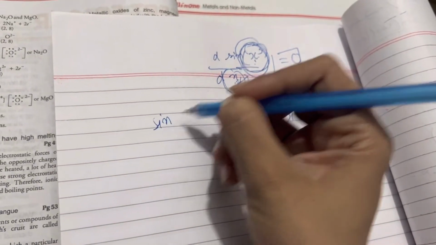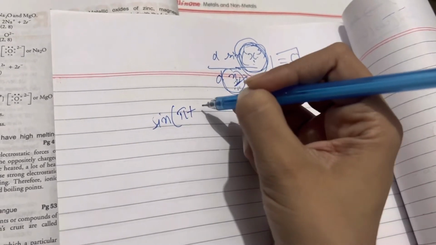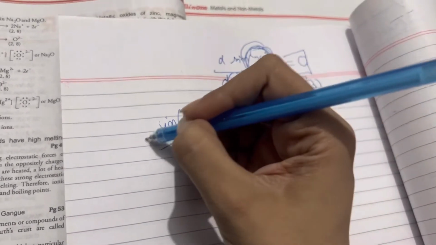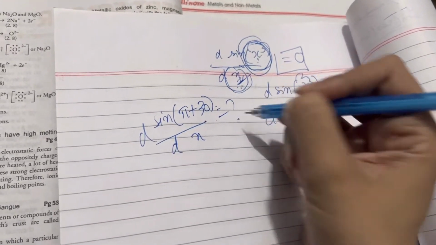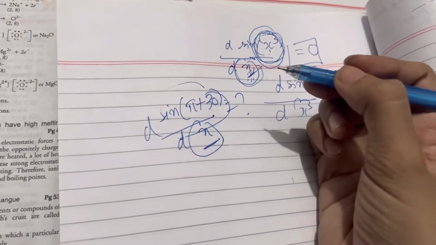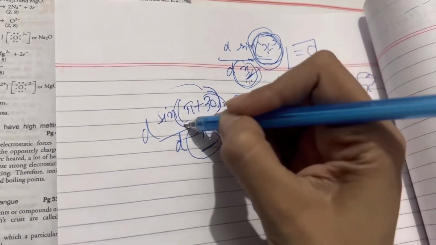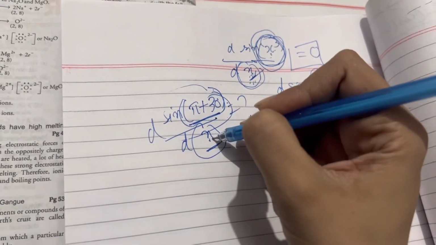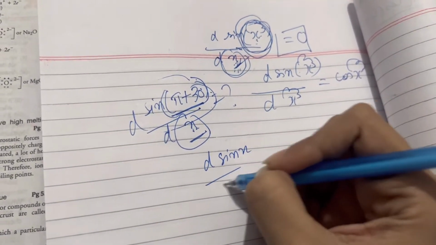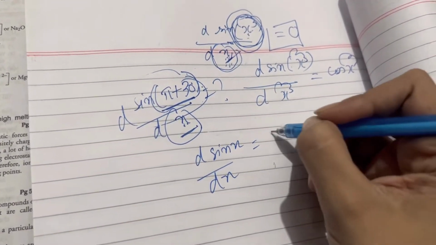Take the derivative of sine of, let's say, pi plus theta with respect to dx. We cannot do it, because with respect to x we need to find it, and here there is no x at all. So whatever is here, with respect to that only can we find its value, because according to the formula, the derivative of sine x with respect to x is cos x.